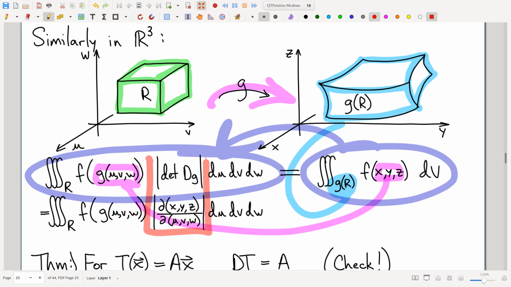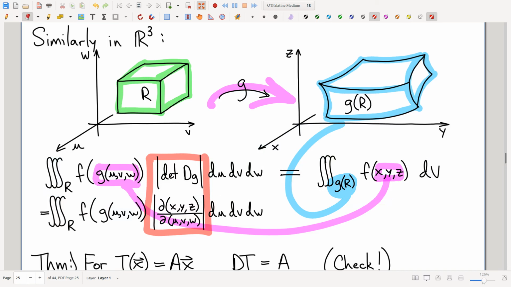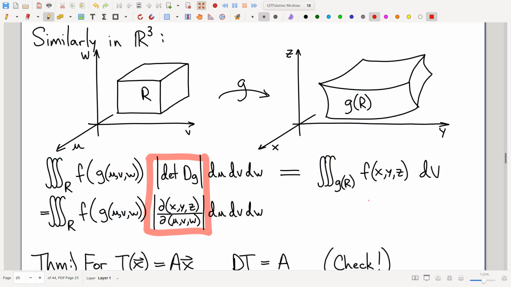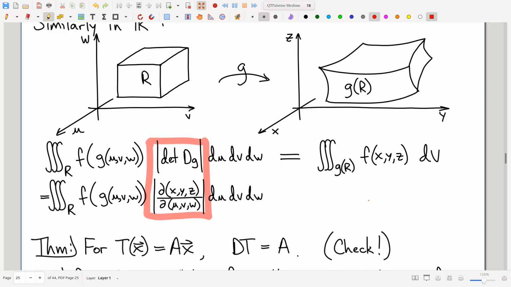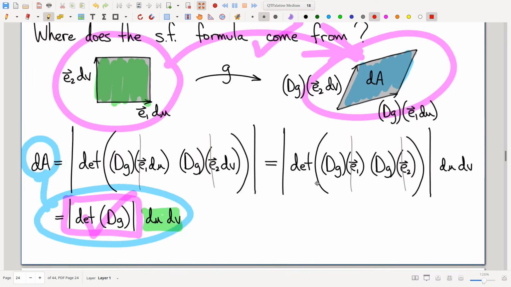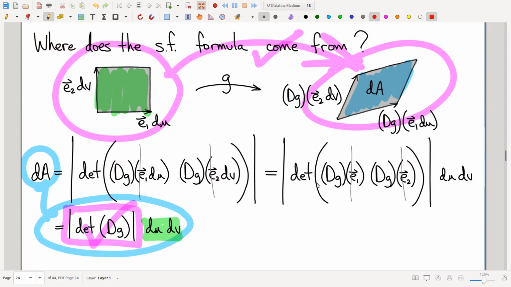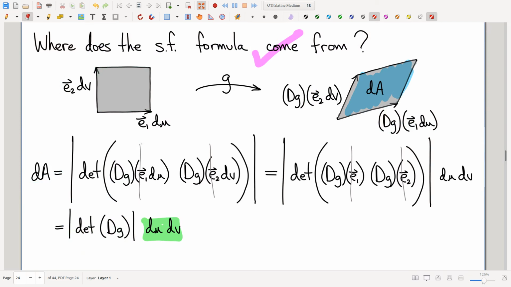And your stretching factor is highly analogous to what it was in the 2-dimensional case. This is another nice exercise, something to think through. You can totally do this. You can totally show that stretching factor as this determinant. The way you're going to do it is going to be morally equivalent to this. It's just 3-dimensional instead of 2.